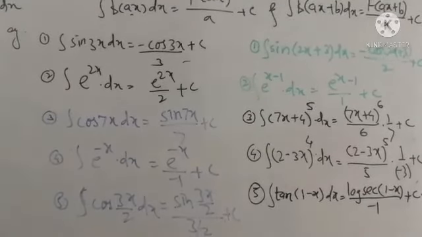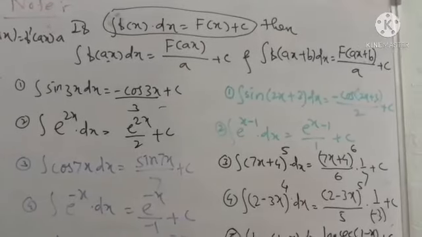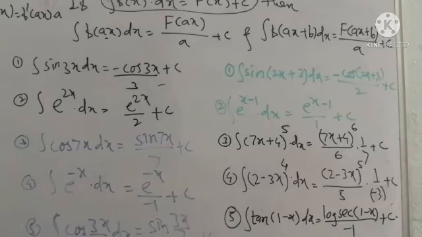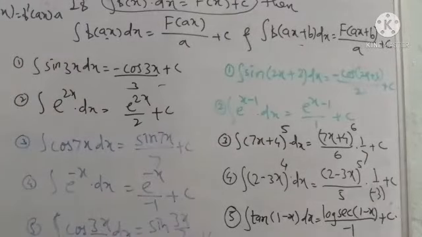And in this note, if the coefficient of x is replaced by a linear term of x, that is ax plus b, then as we did in derivative, similarly here in integration we take the standard integration of the function, replace x by the linear term and divide that integration by the coefficient of x.